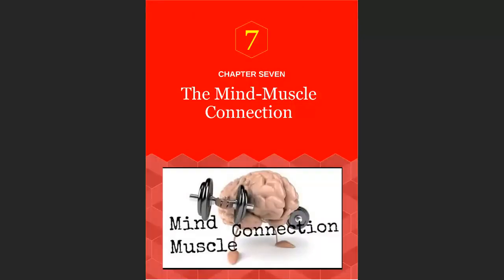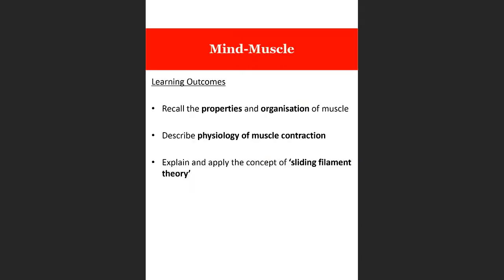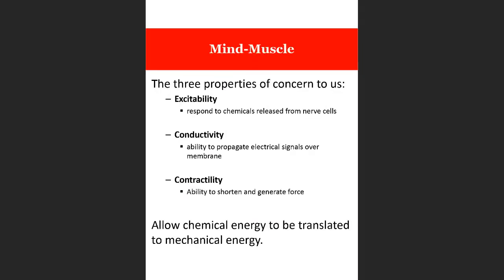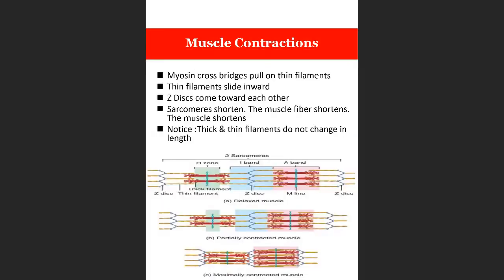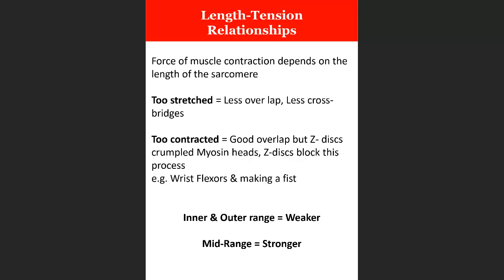Then we've got the mind muscle connection. This is the muscle physiology that we've just talked about. So this is the session that we've just had. It's covering all the things that we need to know. It's got that very confusing picture there, and all the things that we've just covered on the slides.